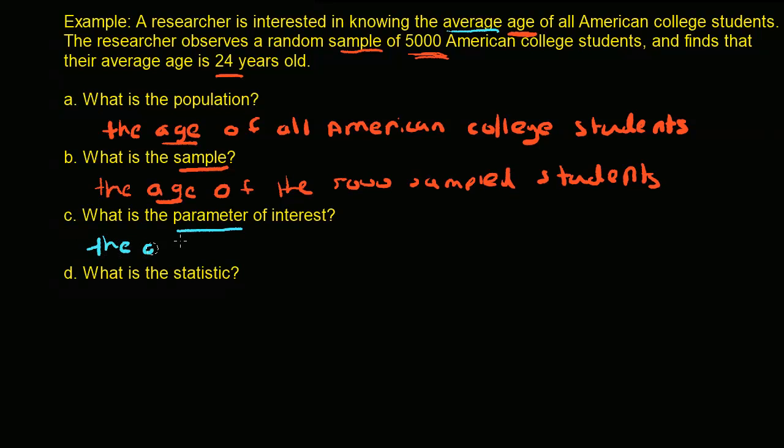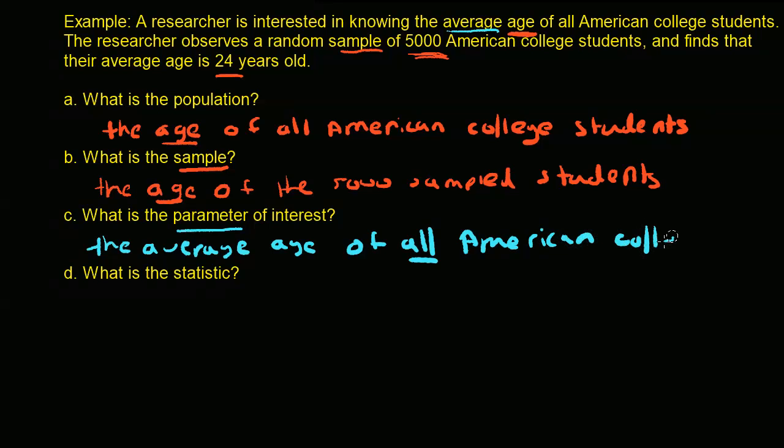The average age of all American college students. So the average age of everyone in the population, right? The average age of everyone in the population, or the average of the population.